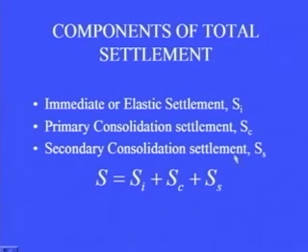So, the total settlement is equal to SI plus SC plus SS. Now, in some soils you will find that we get only SI, in some soils only SC, but for some soils, which is rare, most of the settlement is the secondary consolidation settlement.